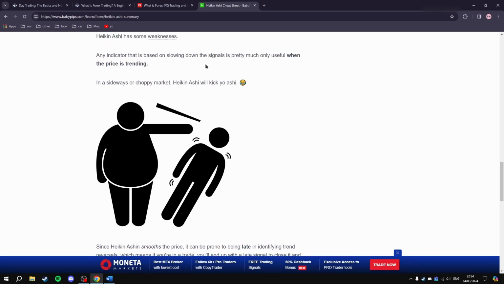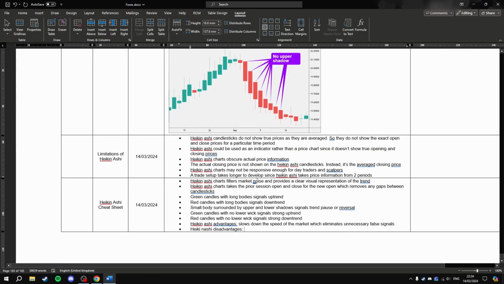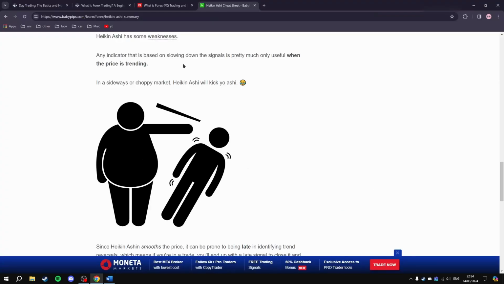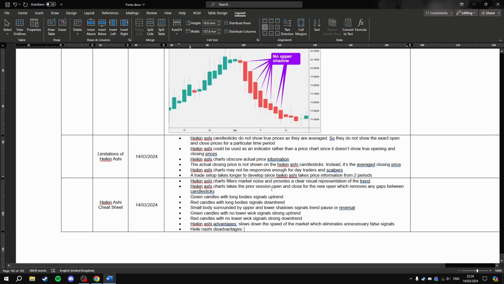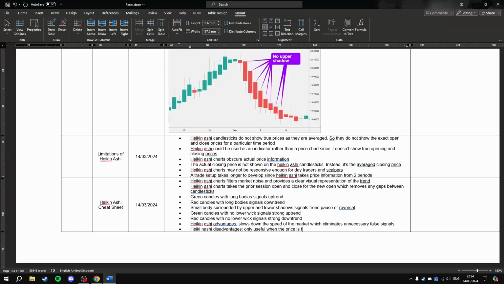In a sideways or choppy market, Heikin Ashi will kick your butt.